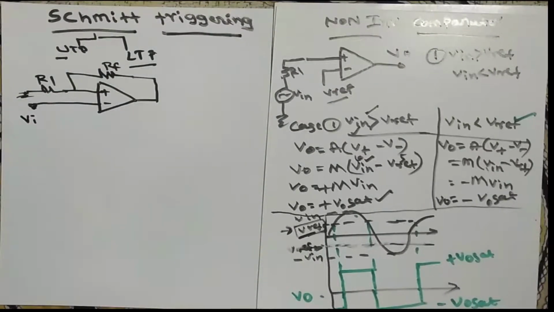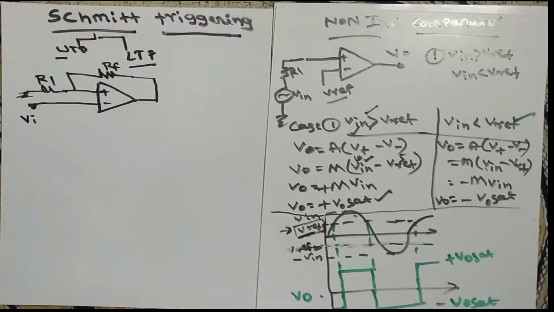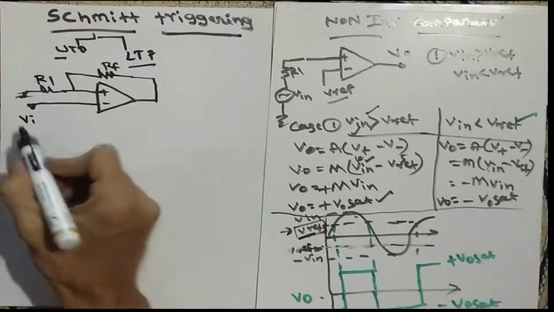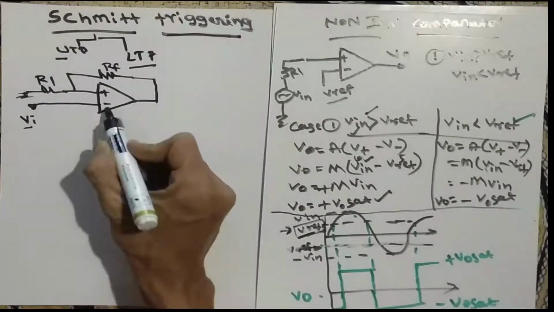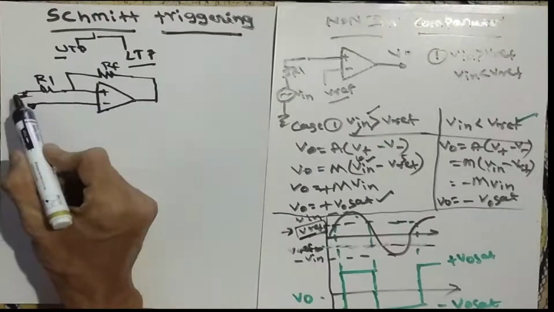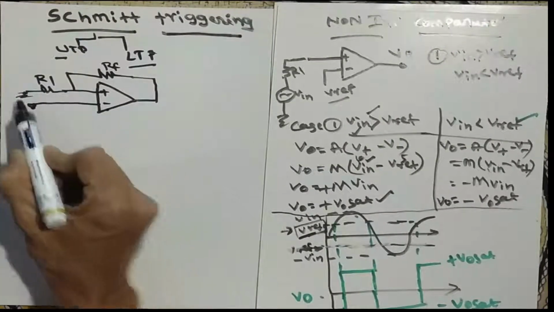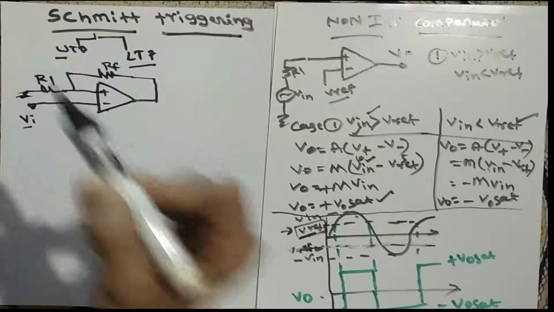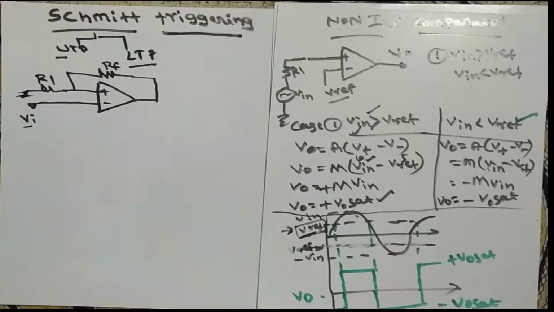In Schmitt trigger, we don't have an inverting or non-inverting Schmitt trigger, it is only one type. Usually we give input from the negative end, and V reference is maintained at the positive point, while the R1 side is connected to ground.